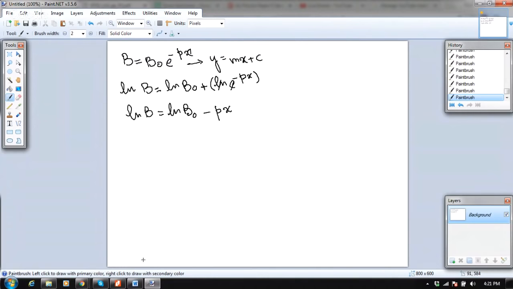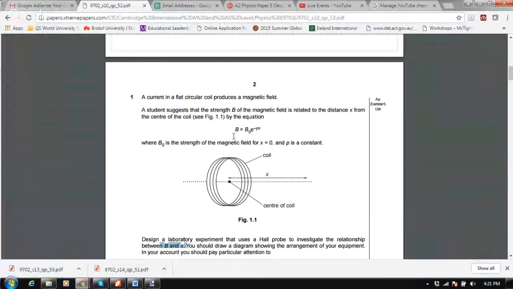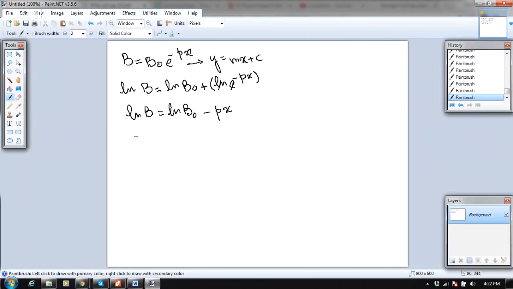Now in this form, if we go back to this question, the question says that establish the relationship between B and x. So B is dependent, x is independent.